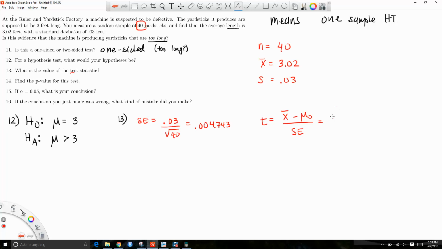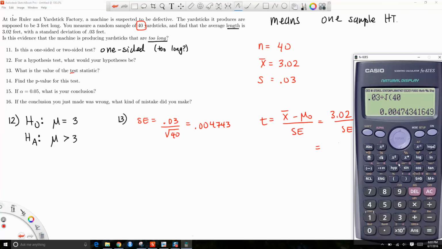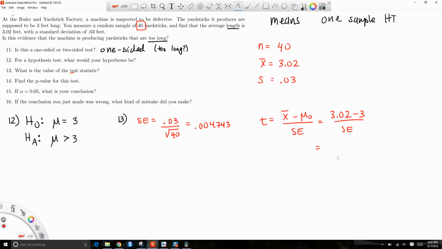So here I've got 3.02 minus 3, divided by the standard error. On my calculator, I type 3.02 minus 3 in parentheses and divide by the answer key, because the standard error is already in my answer. I hit equals and I get 4.216. So this is my test statistic, 4.216.